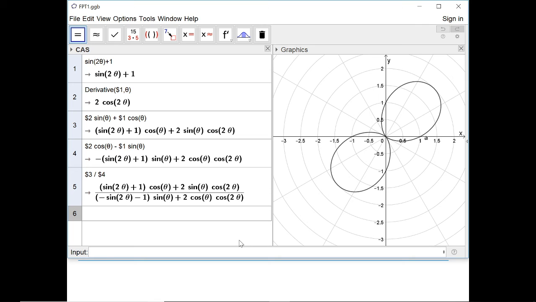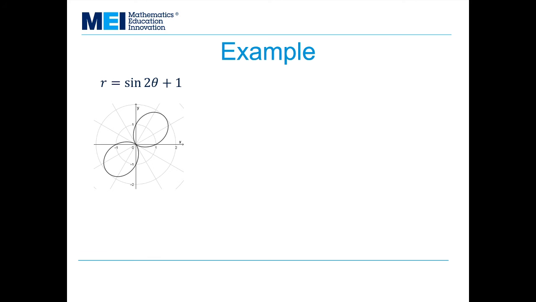Let's have a go at getting that down on paper. So this is the sort of thing that I would write on my paper, copied down from my computer algebra system. So first of all, I would write that dr by d theta in this case is equal to 2 cos 2 theta. And then I would use my formula for dy by dx.